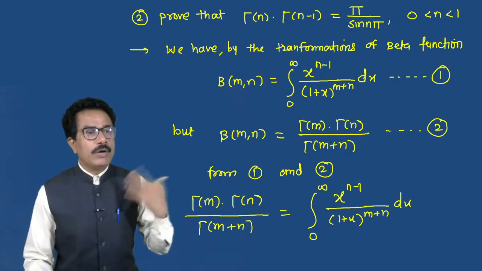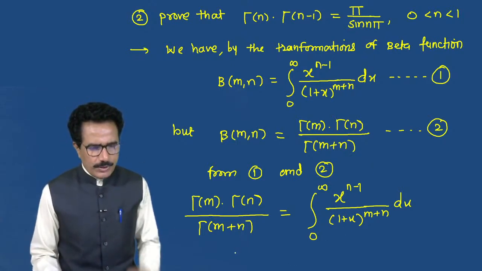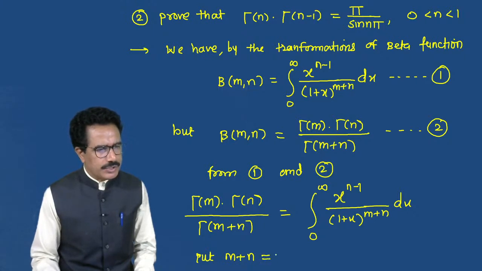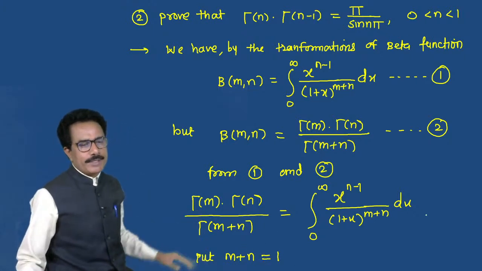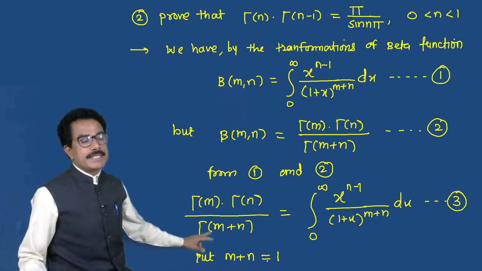Now we have to prove the sine function, that is, we have to prove the sine function result. So what we have to do is put m plus n equal to 1. Now we have to substitute here in equation 3, m plus n equal to 1.